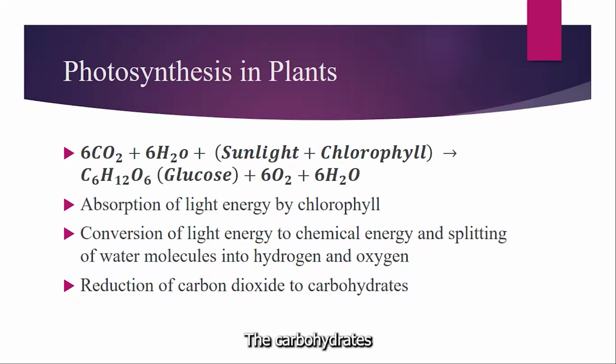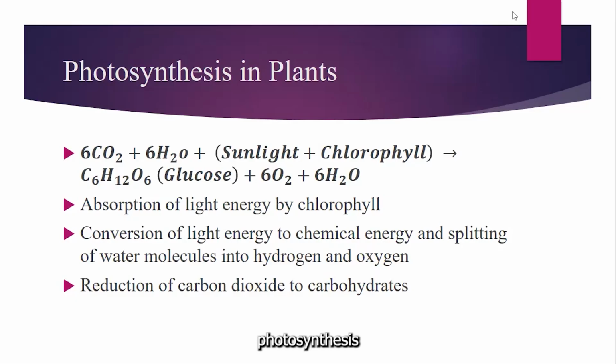The carbohydrates which are not used immediately are stored in the form of starch, which serves as an internal energy reserve. And we have to understand that carbohydrate is the source of energy for plants. For humans, the energy reserve is in the form of glycogen. What is an energy reserve? The energy which is reserved for future use and is not used now.